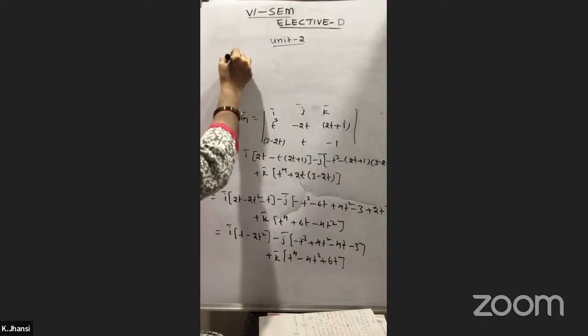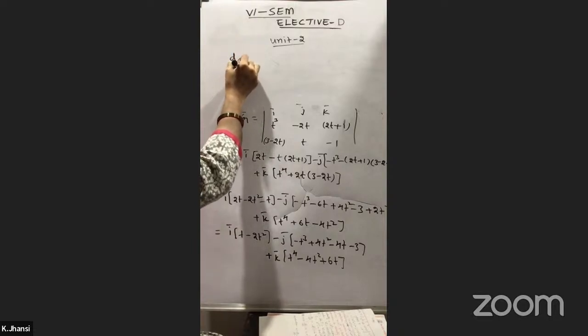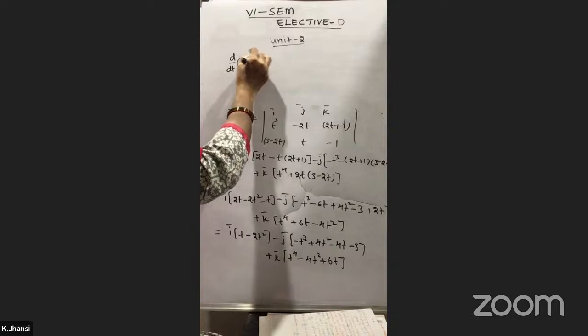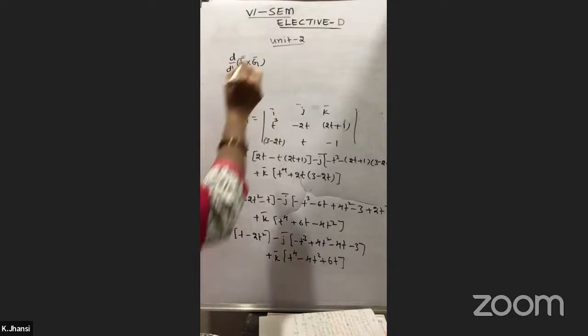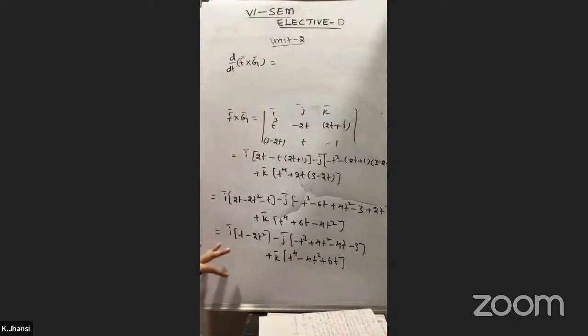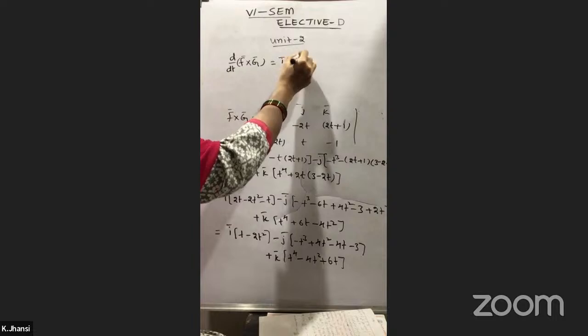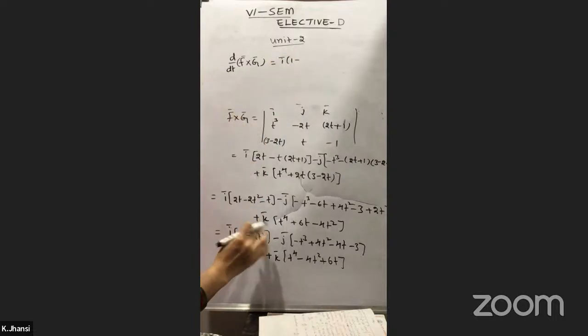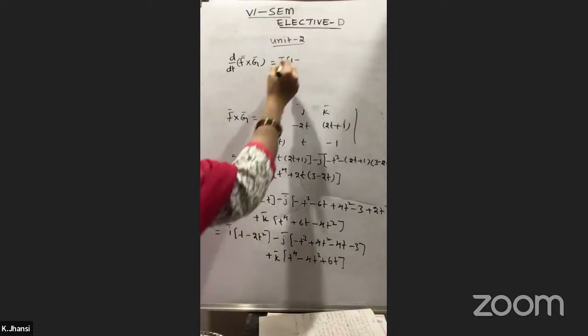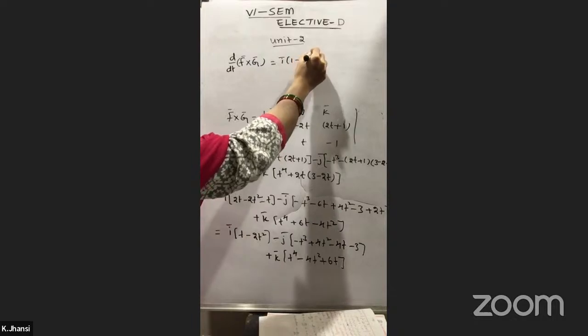So differentiation of this one: i into t differentiation is 1. t square differentiation is 2 into 2 is 4, that is minus 4t. Okay.